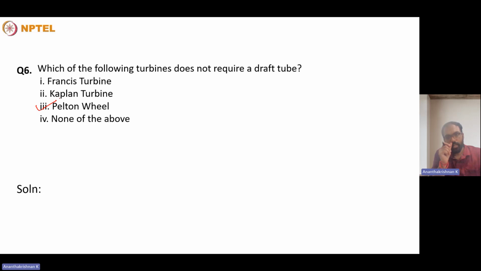So in the case of Pelton wheel, draft tubes are not required because it is used only in those cases where high heads are available for the fluid to come from. In case of Francis and Kaplan turbines, the head available is very less, but in order to produce the same power, we require the additional fitting of the draft tube.